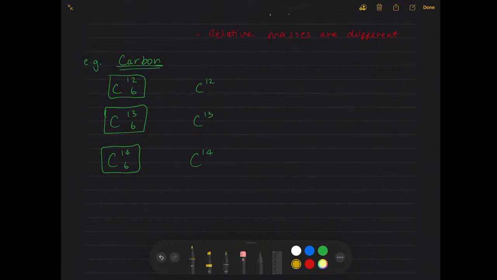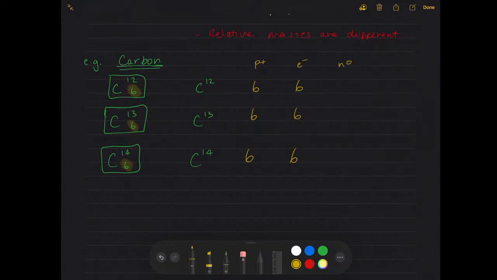If we went ahead and looked at the number of protons, electrons, and neutrons in each of these, what we'd find is, firstly, the proton number is 6. So there's no change there. They all have the same number of protons. When they are neutral, they all have the same number of electrons.